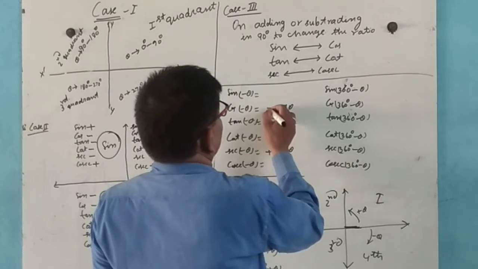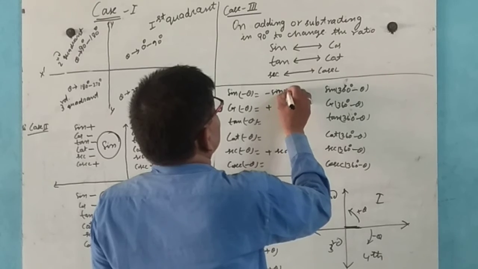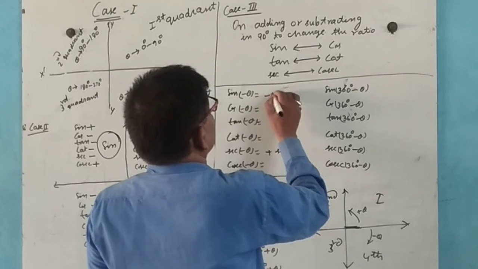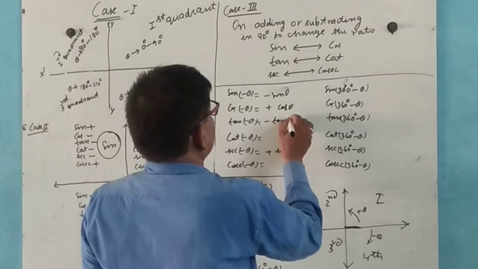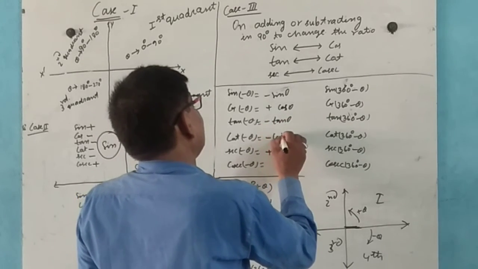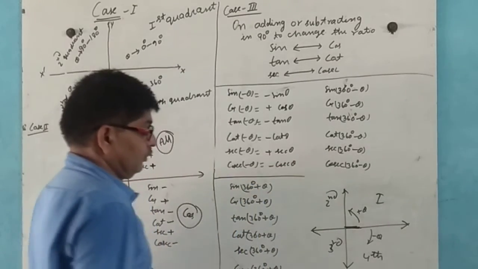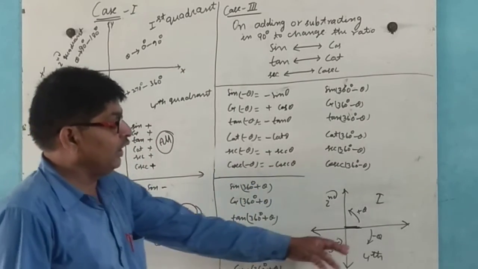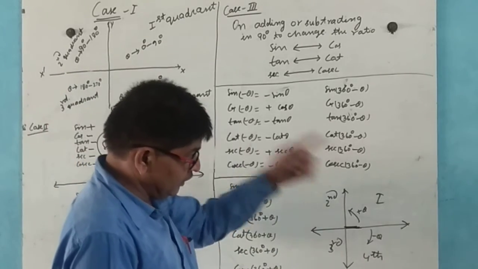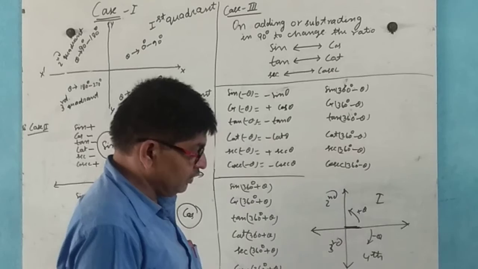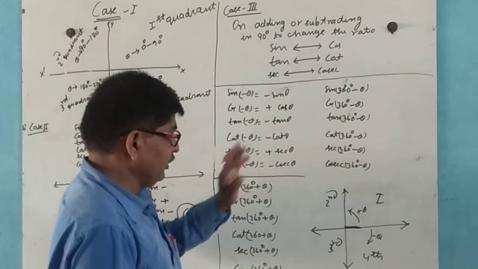Sec is sec, cos is cos, minus sin theta, minus tan theta, minus cot theta, minus cosec theta. Because minus theta occurs in the fourth quadrant, and only cos and sec are positive, the rest are negative.